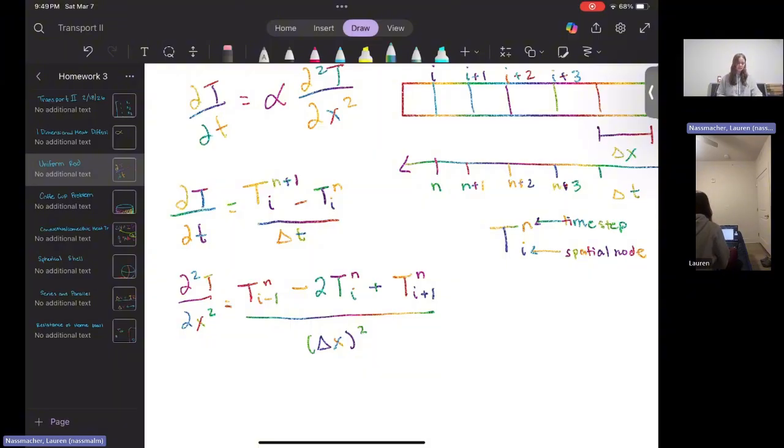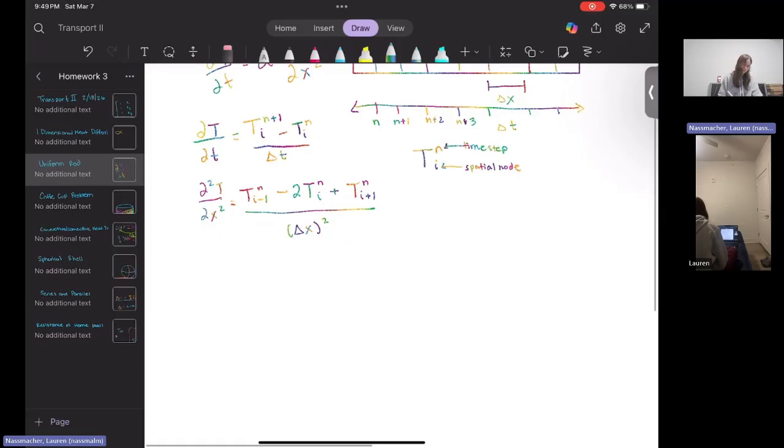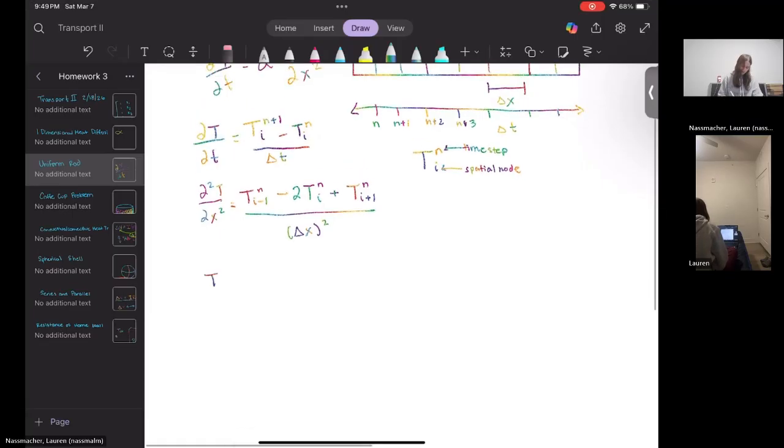Substituting these approximations back into our one-dimensional heat diffusion equation, we get this final equation.